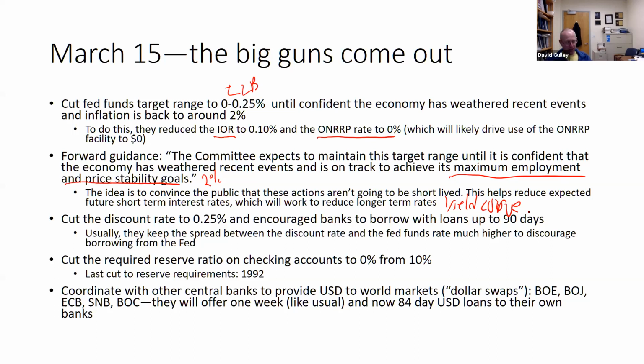What they've done now is reduce the discount rate down to effectively the top of the federal funds rate range, and they've actively and openly encouraged banks to come and borrow, but it's unclear whether banks actually will, and I'll have a little more to say about that in a few minutes. They also cut the required reserve ratio on checking accounts down to 0. The last time the Fed did anything with reserve requirements was all the way back in 1992.